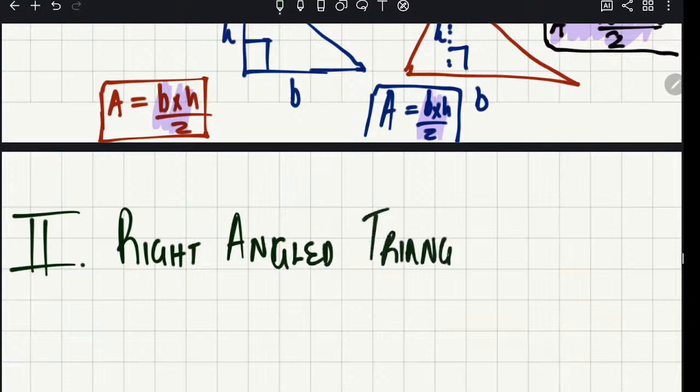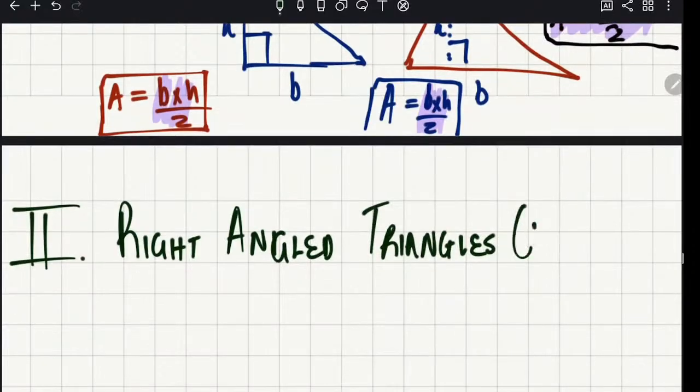I'm just giving you the two rules in passing. This is now not area anymore, but missing sides or angles.